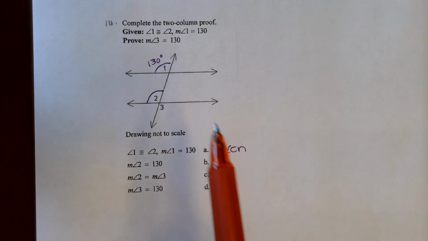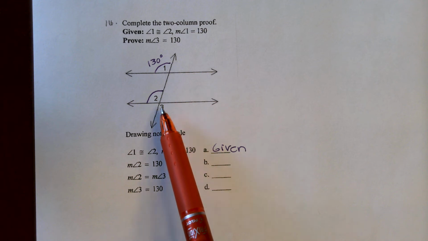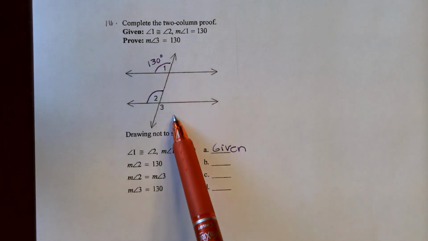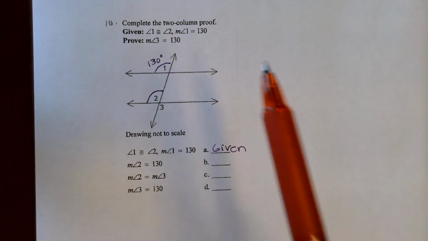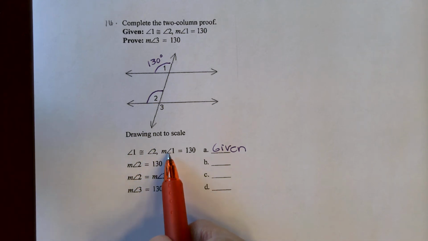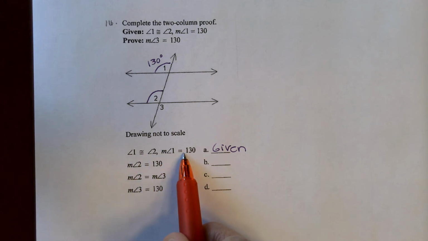Now, what are we trying to prove? Measure of angle 3 is 130. We're trying to get these two connected somehow. So when I look up here and I want to know how the measure of angle 2 is equal to 130, I think, oh, well, angle 1 was equal to angle 2 and angle 1 was 130.